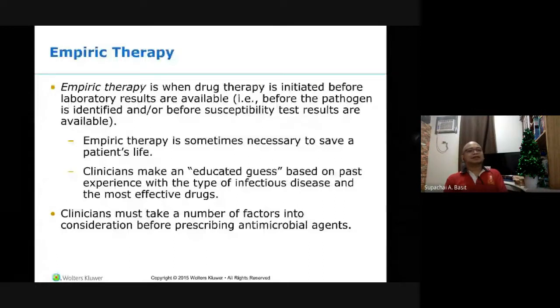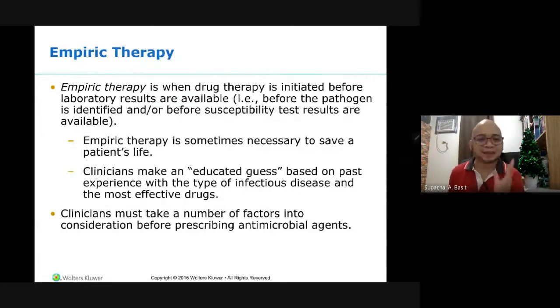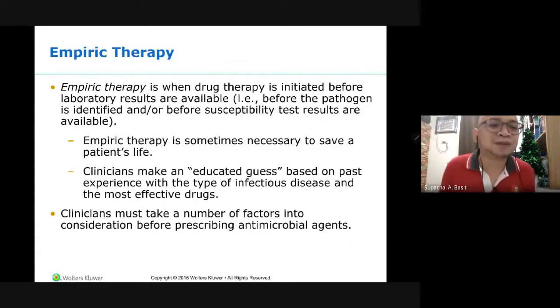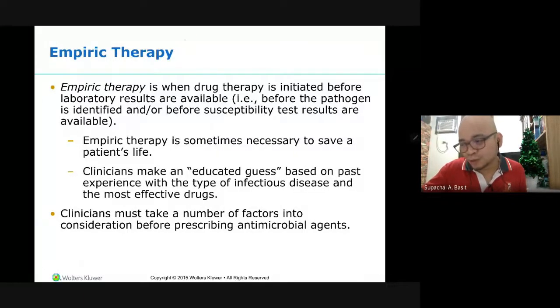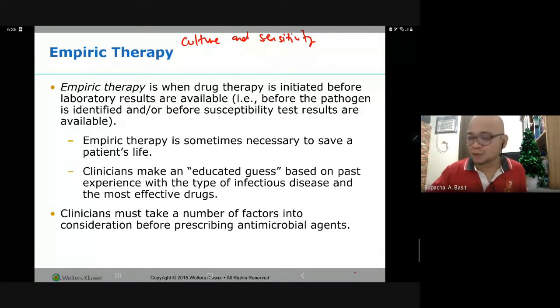Okay, so let's talk about empiric therapy. Normally, when you have an infection, a doctor would request culture and sensitivity. So for example, you have UTI.